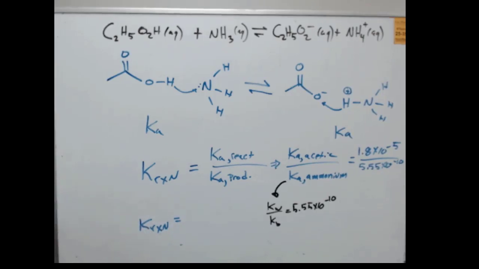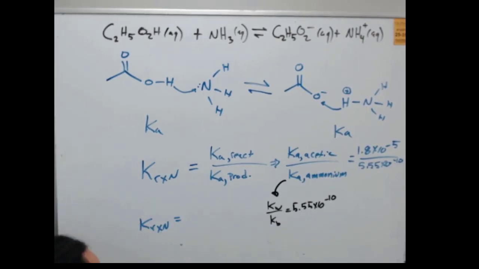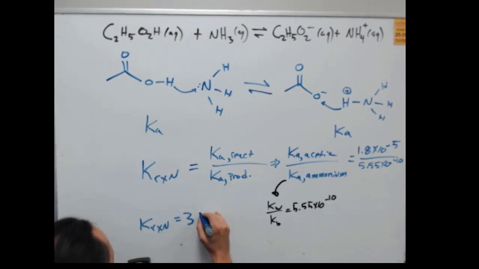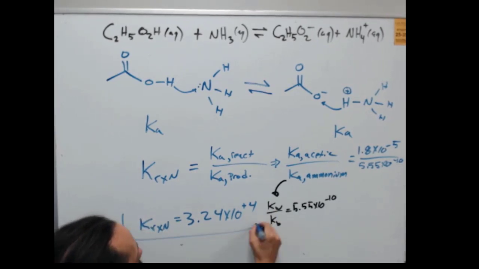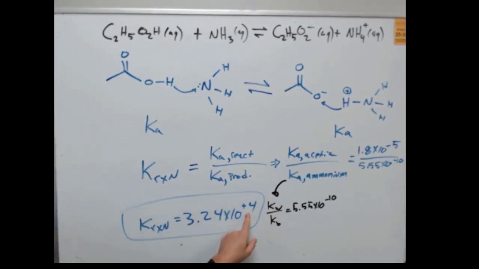And we can calculate what our K reaction is equal to, and then we can do some interpretation of that. So if you're calculating along with me, hopefully you've gotten a value of 3.24 times 10 to the positive 4. Right? And I always like to put the positive. I get so used to dealing with negative exponents in this class that I like to put the explicit positive.